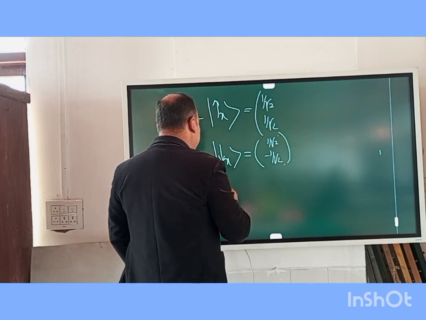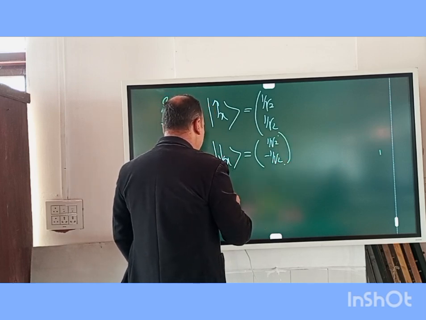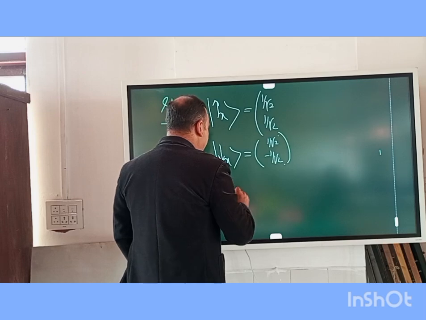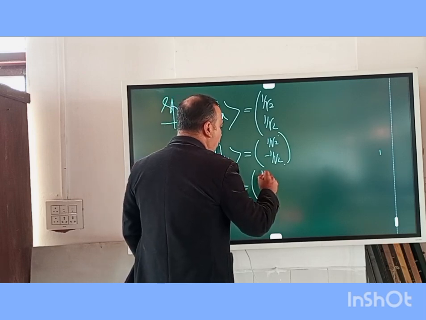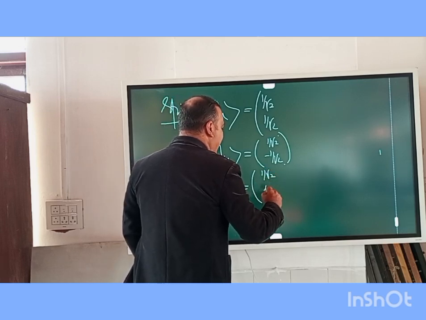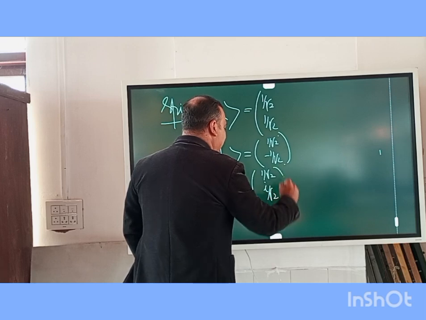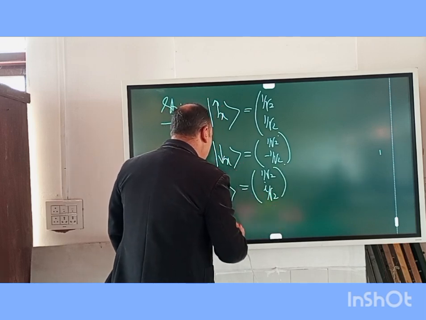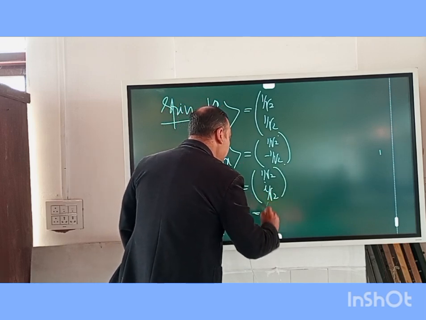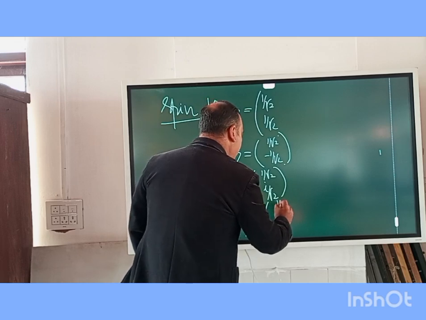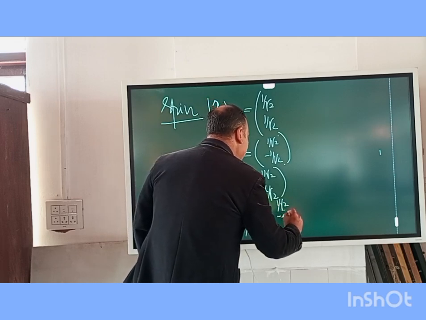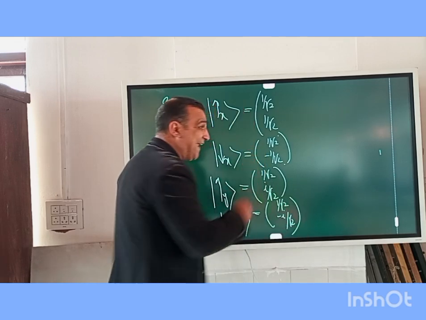And then spin up along y as 1 by root 2, i by root 2, and then spin down along y as 1 by root 2 and minus i by root 2. So these are the kets, okay?